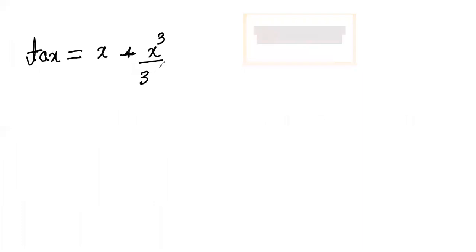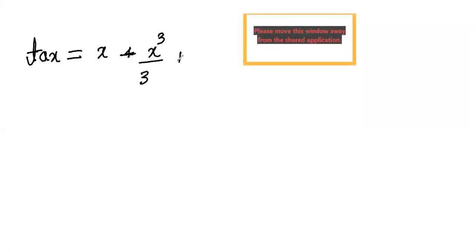So the series of tan x will be x plus x cube by 3 plus 2 upon 15 x to the power 5.